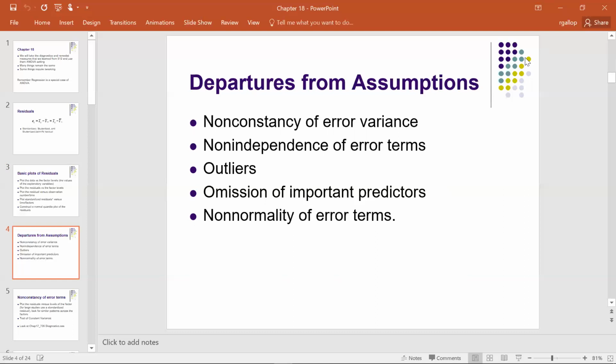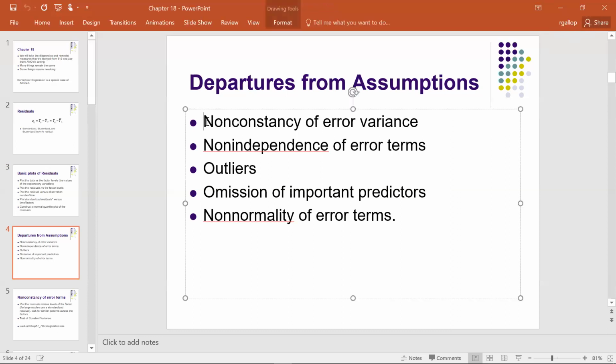Outliers and the omission of important predictors, that's not really what we're doing yet, but as we extend the general linear model beyond ANOVA, it will be something to keep in mind whether or not we need some control variables to help explain what's going on. And then the last one is non-normality of the error terms.